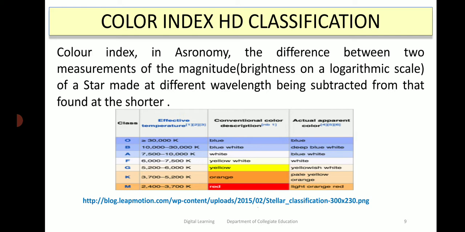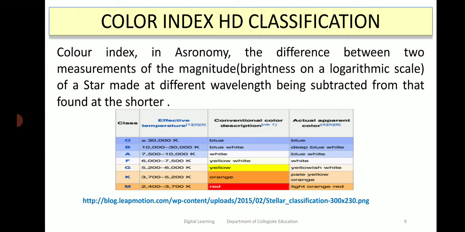In HD classification, we have different classes shown in the table: O, B, A, F, G, K, M, and their corresponding effective temperature, conventional color description, and actual apparent color. For example, for class O, the effective temperature is greater than or equal to 30,000 Kelvin, and the conventional color description is blue, actual apparent color is blue.